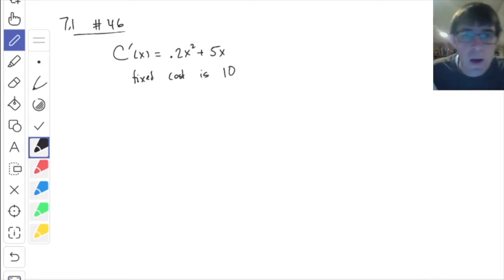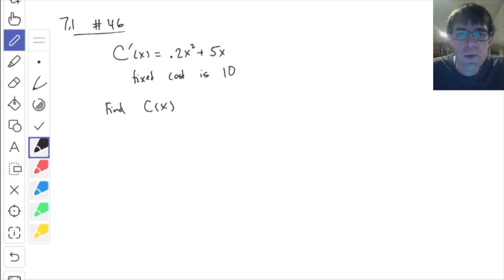This is a marginal cost function, and your job is to find an equation for the cost. So we are going to find c of x, an equation for the cost.